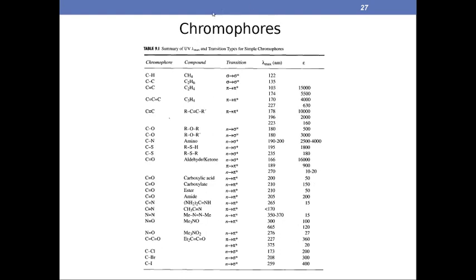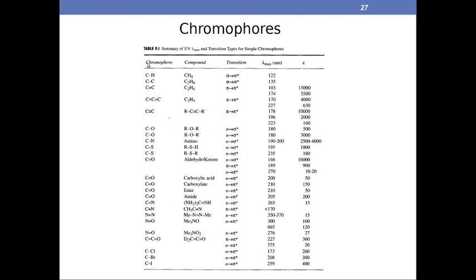Any part of a molecule which can absorb radiation and undergo a transition, so as to impart some color to the molecule if the transition occurs in the visible region of the electromagnetic spectrum, is called a chromophore.